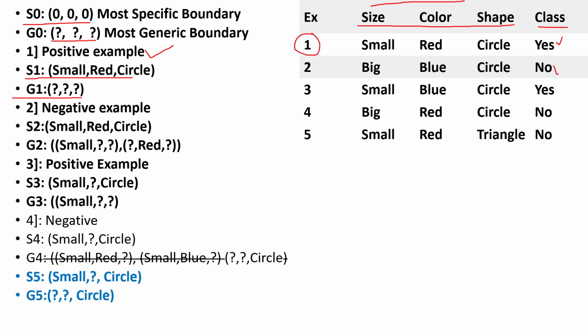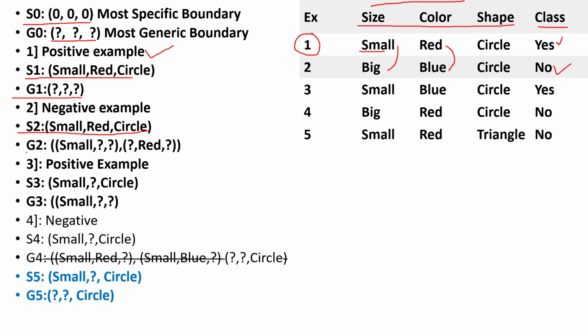The second one is a negative example. So this is the earlier value. There is a change in the specific value from small to big, a change in value from red to blue, and no change for circle. Wherever there is a change, for that the question mark has to be replaced by the specific value.